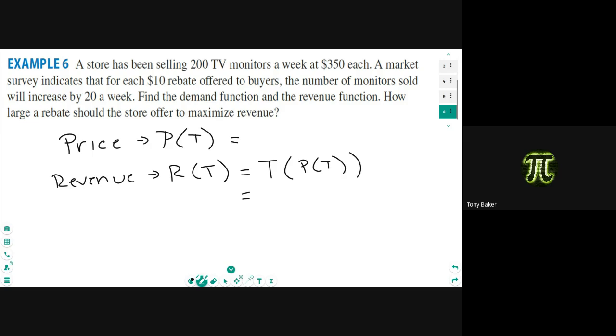So sometimes it's easier to actually try some numbers. Okay, so how would you figure out the price?